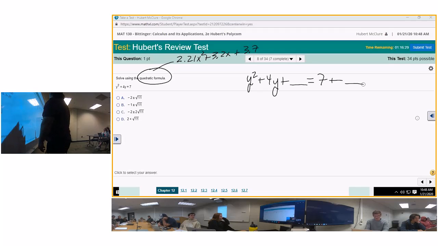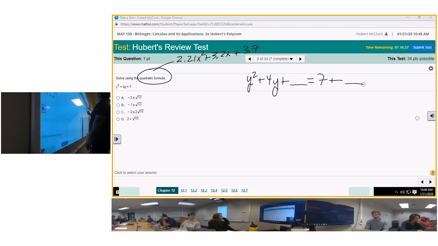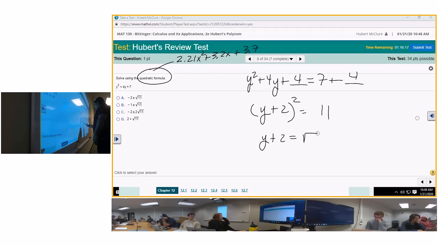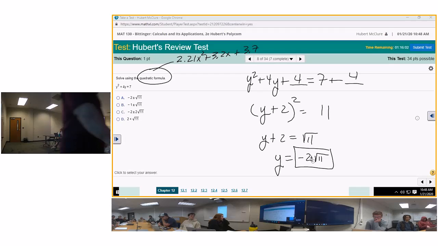What's half of 4? 2. 2 squared? 4. So y plus 2 quantity squared is equal to 11. Y plus 2 is equal to the square root of 11. Y is equal to negative 2 plus or minus the square root of 11. You have to have a plus or minus, sorry. Okay, I'm going to take your word for it.